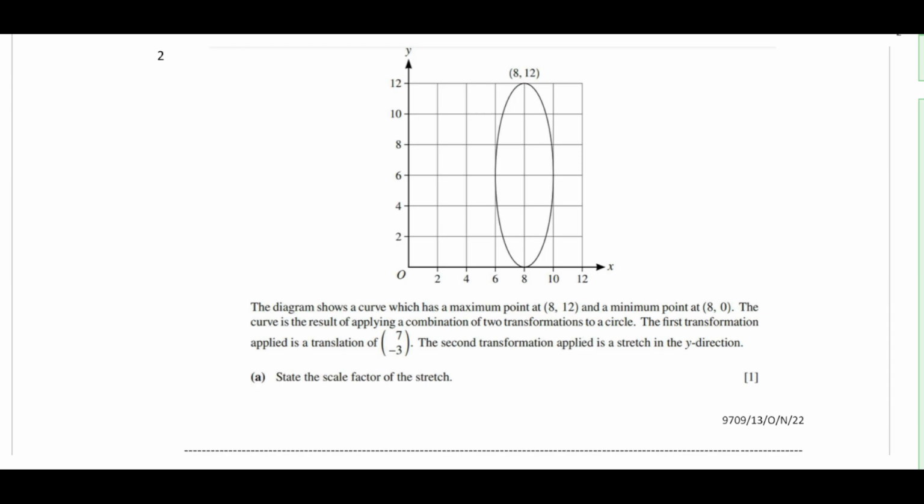The first transformation applied is a translation by (7, minus 3). The second transformation applied is a stretch in the y direction. Find the scale factor for the stretch. Okay, you have to identify what is the scale factor for the stretch. Right? So what will be your answer? What do you think will be the scale factor here?